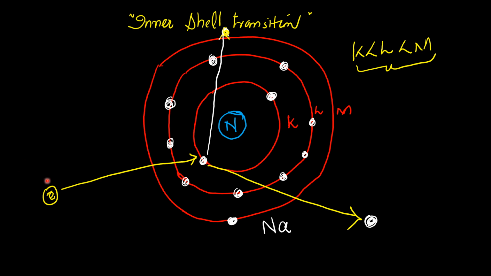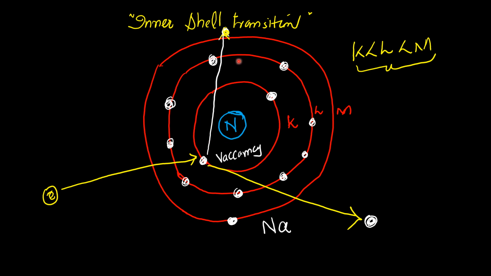So now the incident electron causes the ejection of an electron which is present in the inner shell, and similarly it is also deflected, so this inner shell will have one electron less. There will be generation of a vacancy in the K shell.